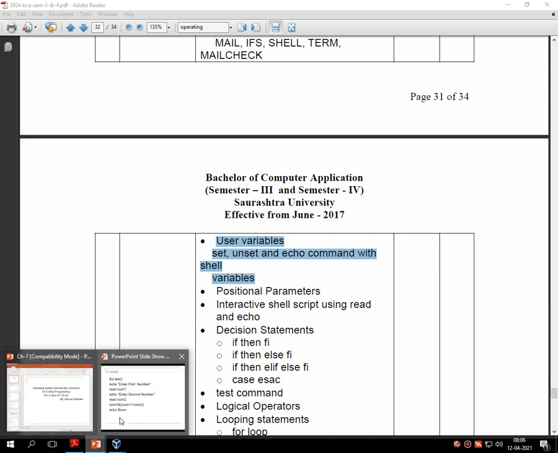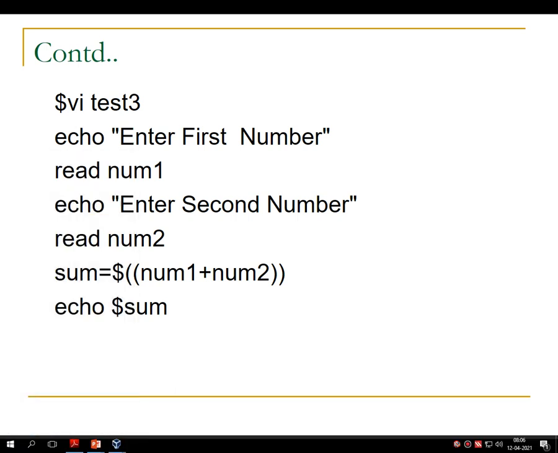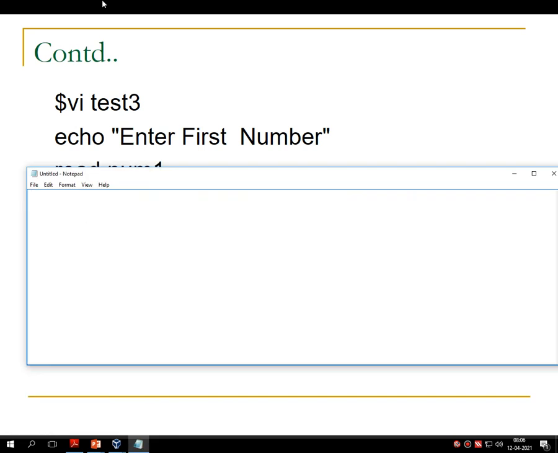Now we can go ahead with another shell script. The next shell script which we want to implement is: write a shell script which reads and prints the value of a variable.